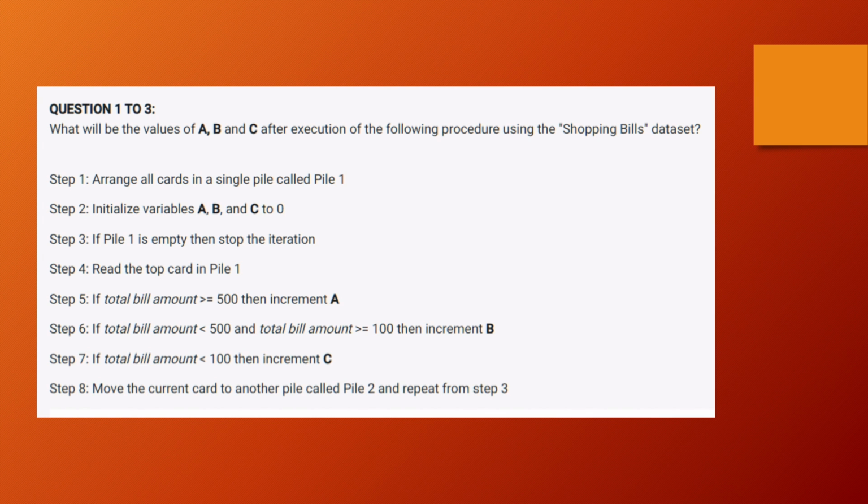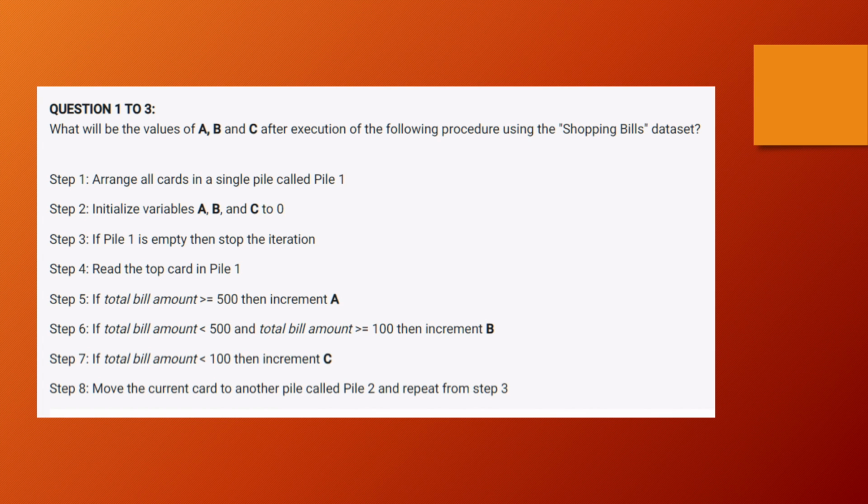If any of these bills are greater than or equal to 500, you should increment the value of A. Increment basically means that you should add +1 to the existing value of A. So if you see one card and then you read the next card and that also has an amount greater than or equal to 500, then you increase the existing value of A by 1.